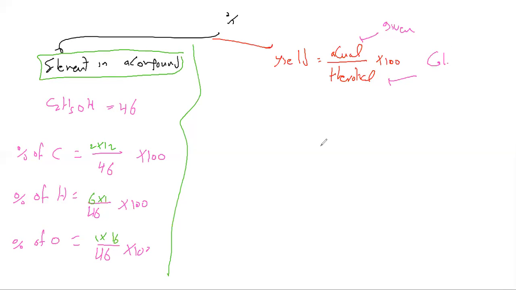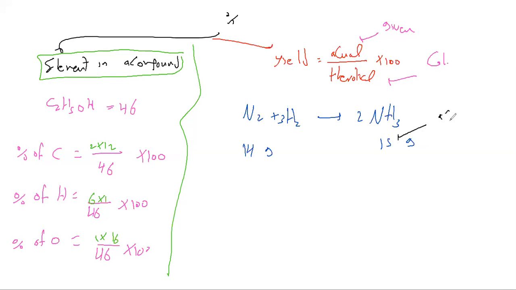For example, if we have N2 plus 3H2 gives 2NH3, and we have 14 grams and then 15 grams, calculate the percentage yield. For the given, 15 is the actual.